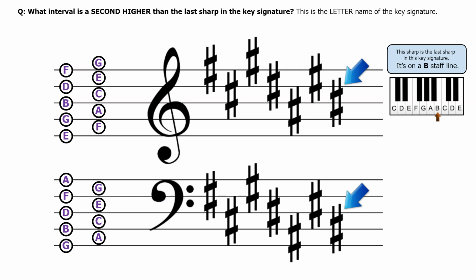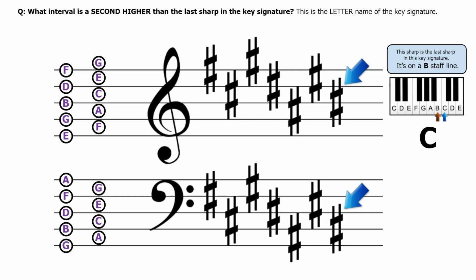And in music, we always count the starting pitch as pitch number 1. So let's get counting. B is the first pitch, making C a second pitch higher. So an interval of a second higher than B is C. C is the letter name of the key signature.